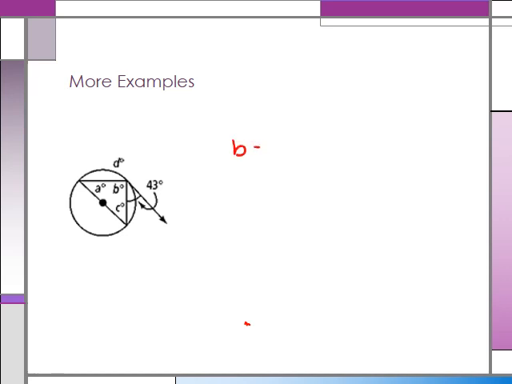So B is 90 degrees. If you look at angle A here, it cuts off that intercepted arc of 84 degrees, and it's going to be half of that, so A will be 43 degrees.